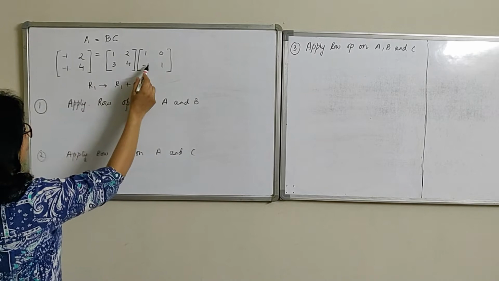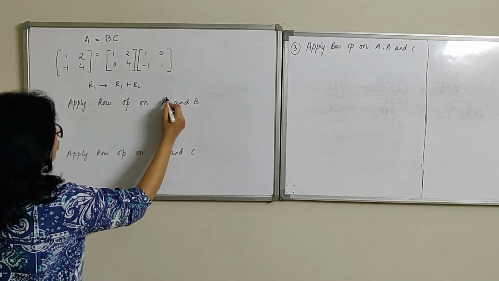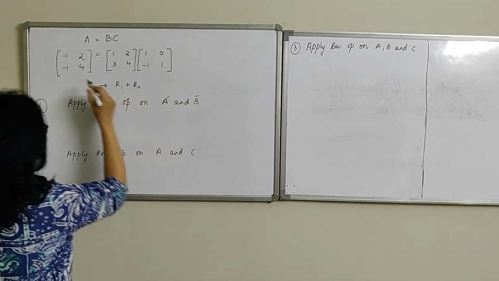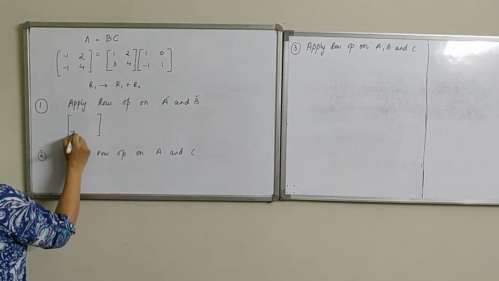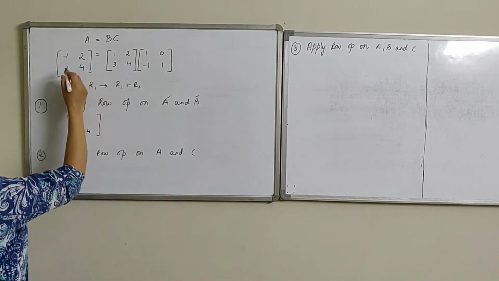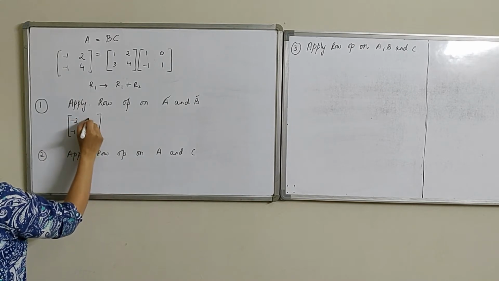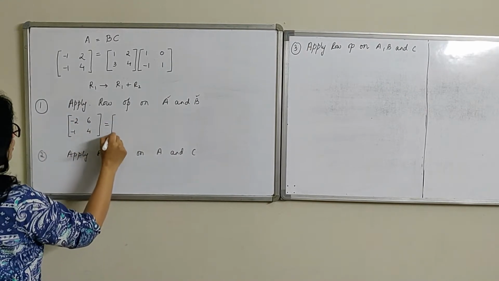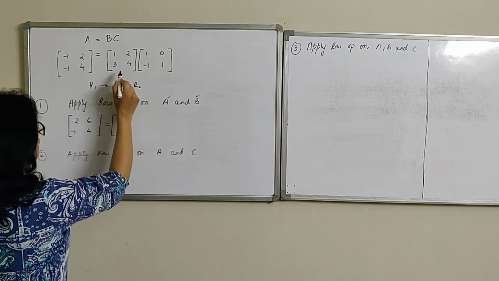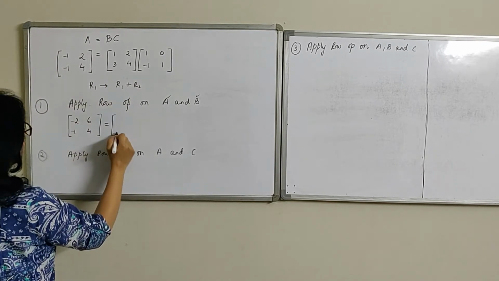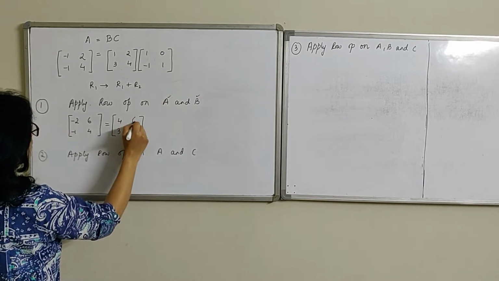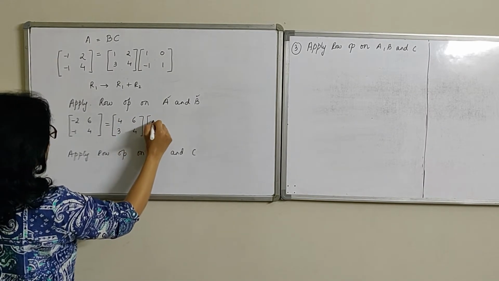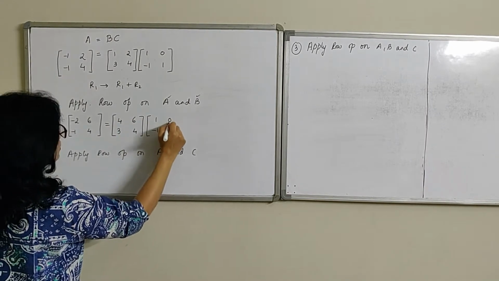So this is a basic matrix equation. We want to apply the operation on matrix A and matrix B. So applying the operation on matrix A, row 2 is the same. R1 plus R2 gives us minus 2, 6. On the right side, this is matrix B, so we are making changes only in matrix B. So that's 4, 6, and matrix C does not change.